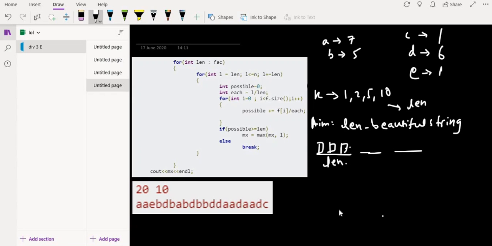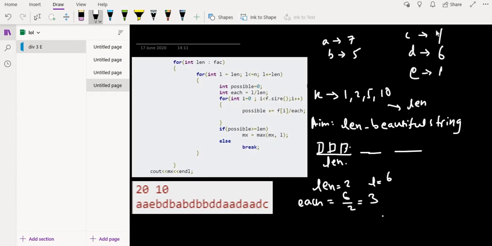That means if suppose len is equal to 2 and L is equal to 6, so each will become equal to 6 upon 2, which is 3. So each of the characters in this subunit of length 2 has to have a frequency of at least 3.